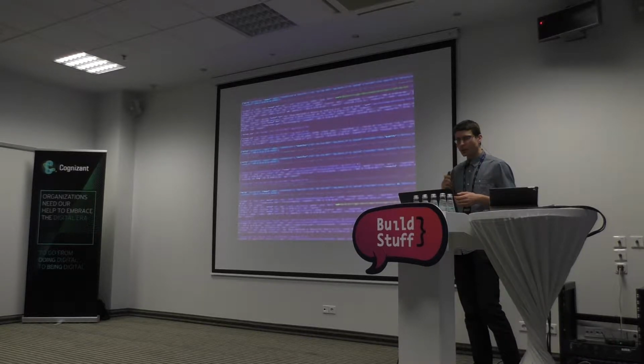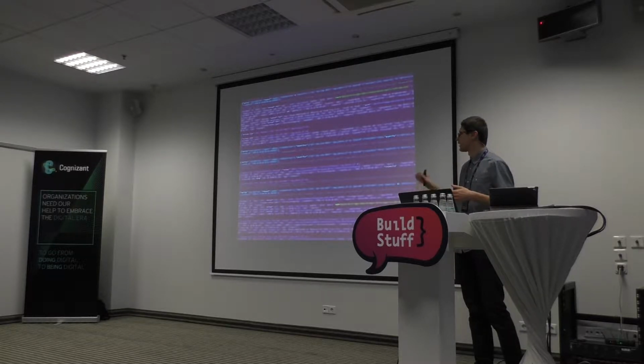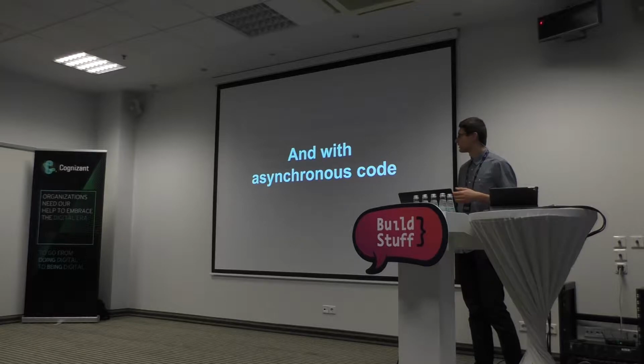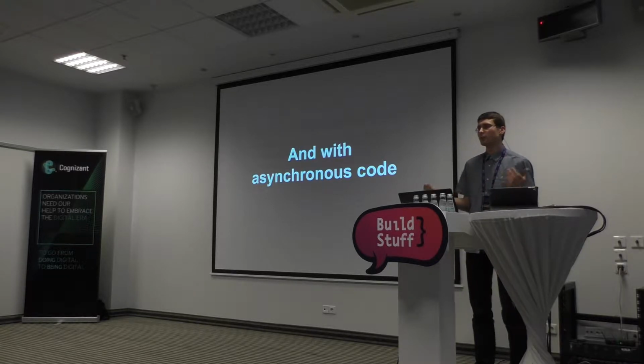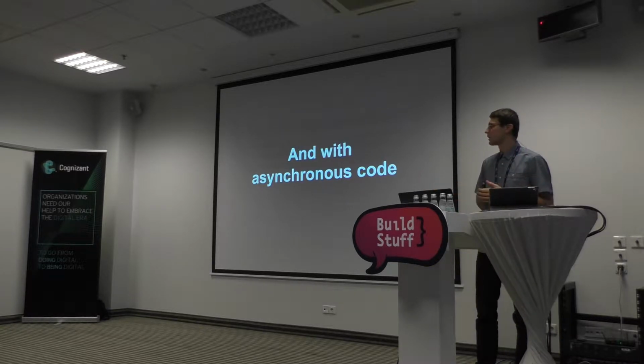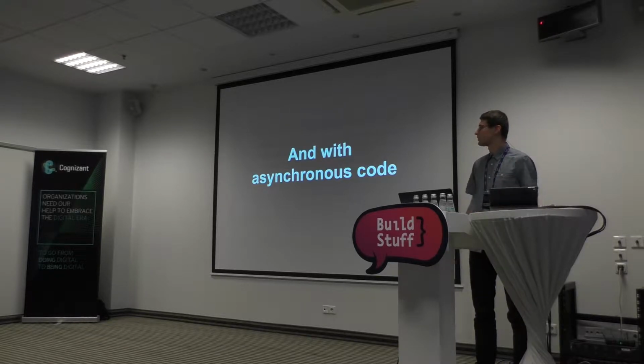You might think it can't get worse than that, but it can, and you can be dealing with asynchronous code as well. So even with a lot of logs and information going on, there are some external services, database calls, etc. that can be asynchronous, and that can make debugging in production a nightmare.